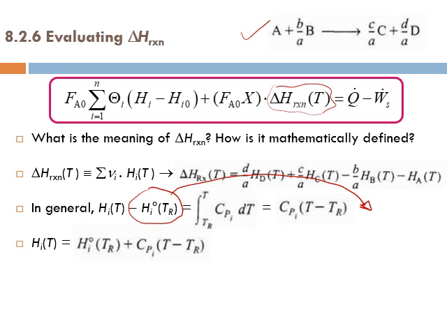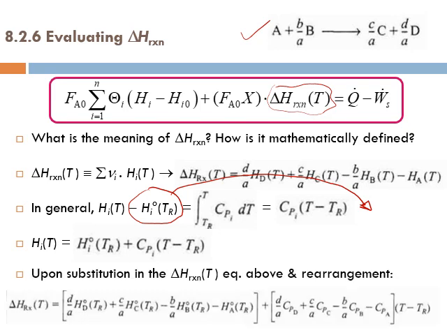So we're referring to pure i, at 1 bar, and at a specified state, whether it is gas, in this case ideal gas, or liquid or solid.